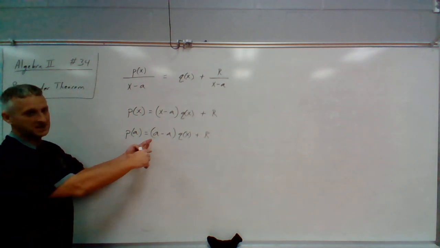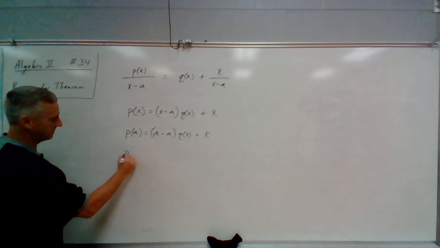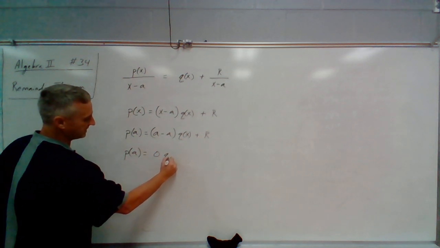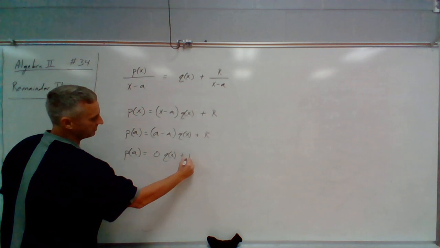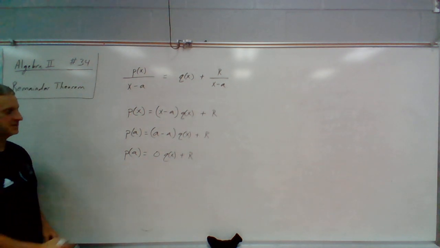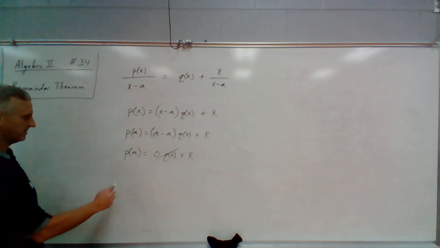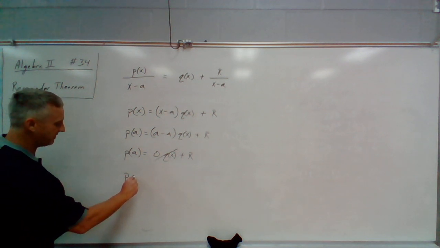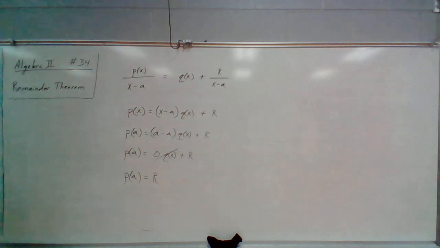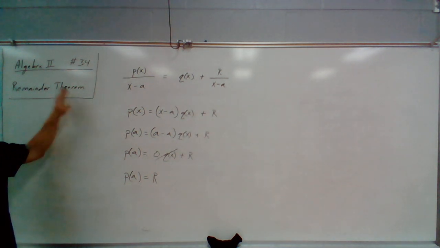What's a minus a? A minus a is 0. So p of a is equal to 0 times q of x plus r. Doesn't matter what q of x is because I'm going to multiply it by 0, so that goes away. And I get p of a equals the remainder.